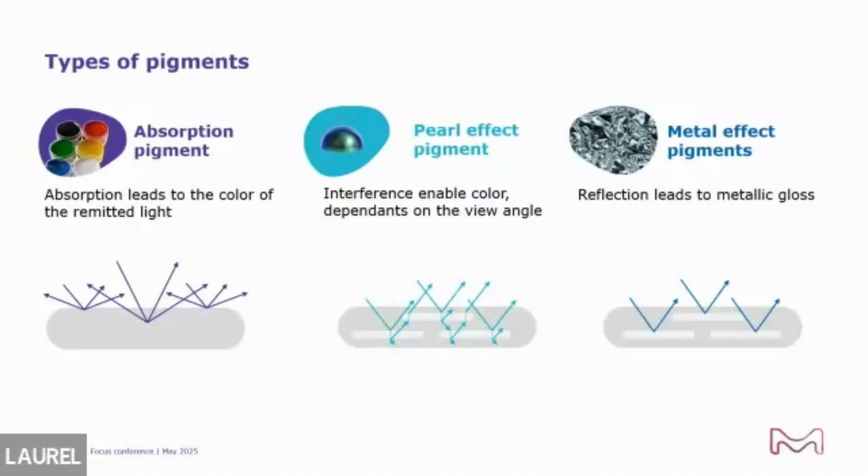And finally, the metal effect pigment, which is your aluminum, basically used for the silver colors, is opaque. The light hits the flake, then reflects. So you will see this high travel from very bright to dark. So that's the difference between those three types of pigment used in automotive coatings.